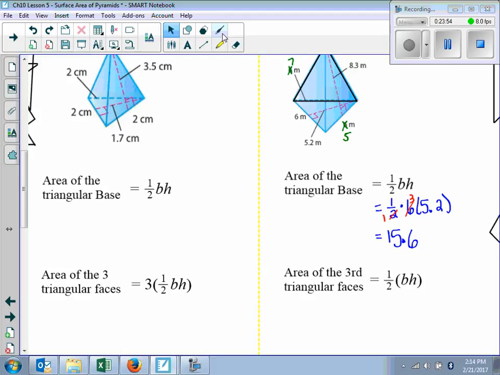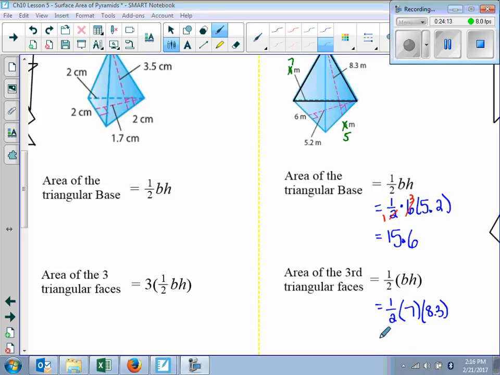So when we substitute in, we have 1/2 times the base, which was 7, times the height, which is 8.3. So we're going to have to do this on our scratch paper. So this is going to give us 29.05.